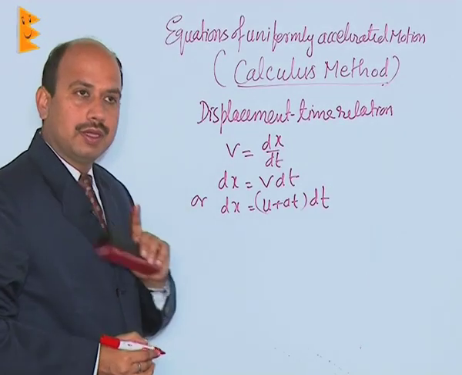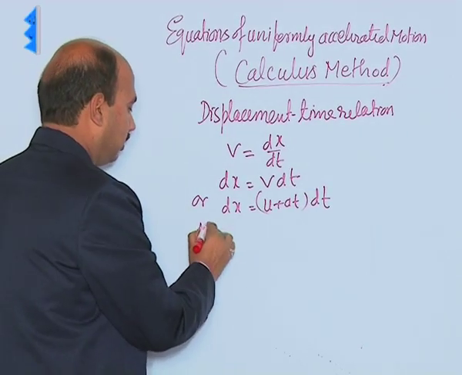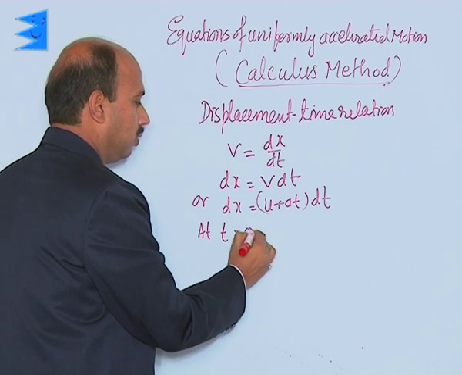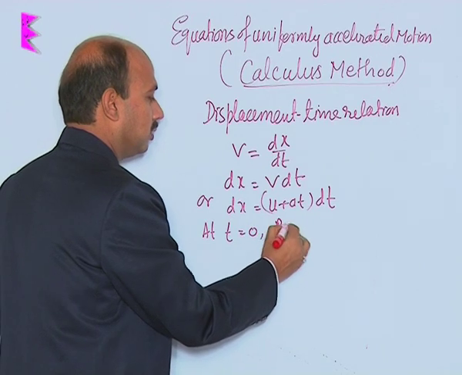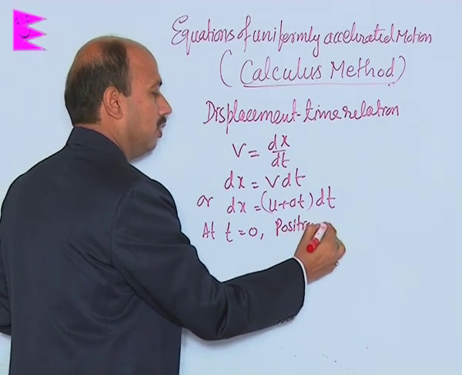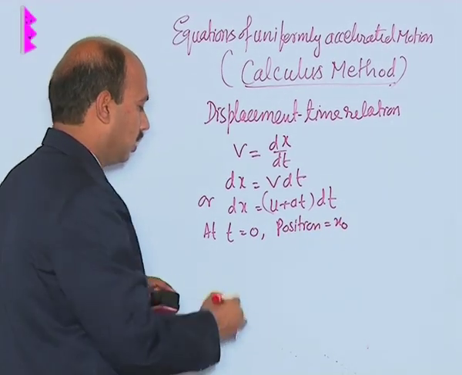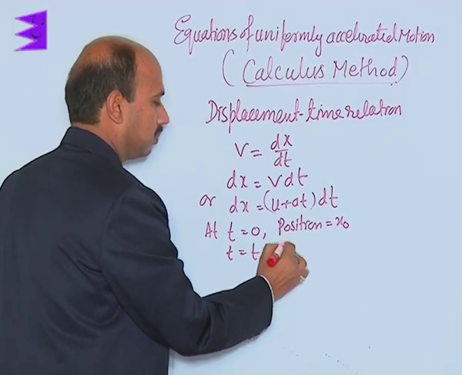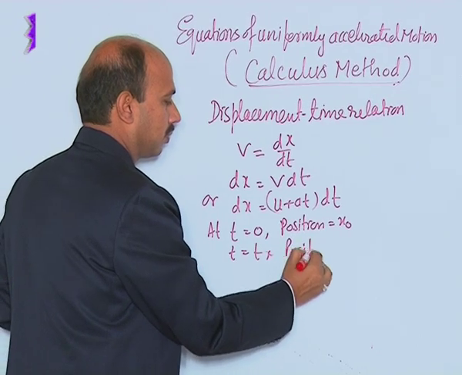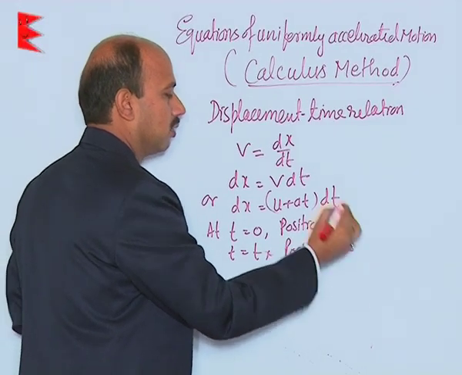Now, again we have to integrate. At t is equal to 0, we can take the displacement or the position equal to x naught, and at t is equal to t, we can take the position equal to x.